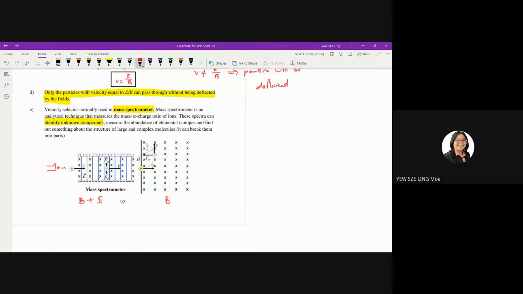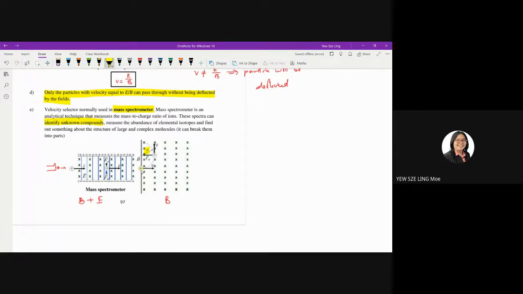As it moves in a circular path, you can identify the radius of the particles. From here, the scientists are able to determine what type of particle is being generated, based on the mass of the charge and the radius. So that is the mass spectrometer to identify an unknown compound.